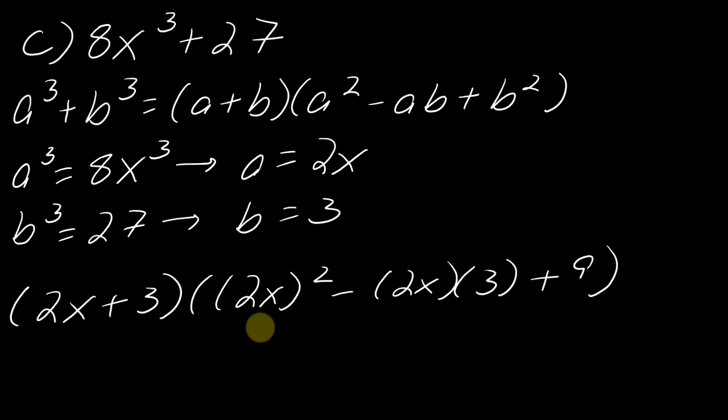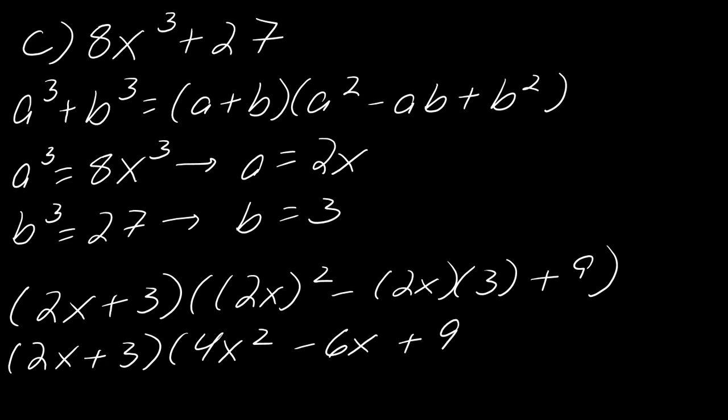Okay, so the fact that this is now a bigger term, this 2 and this x, makes this slightly more complicated. So when I take 2x squared, remember I have to square both the 2 and the x. So the final answer here is going to be 4x squared, and then what is 2x times 3? That's 6x. And then plus 9. So there's your final answer.